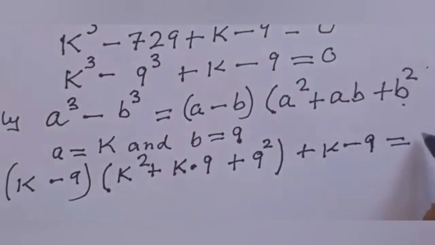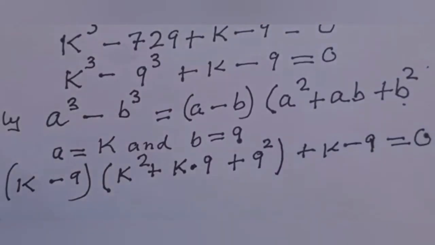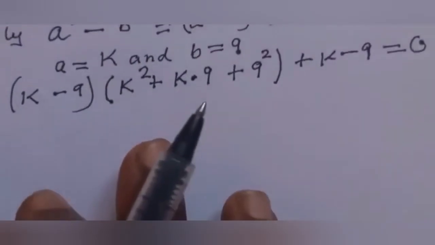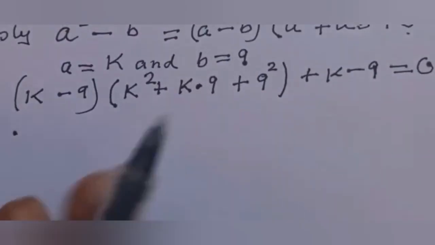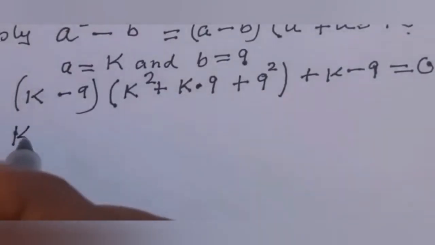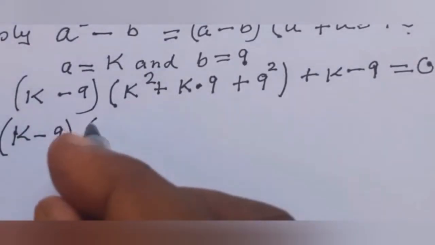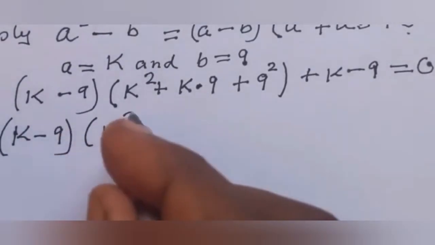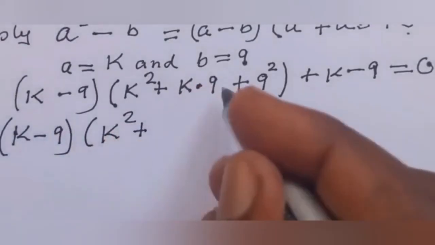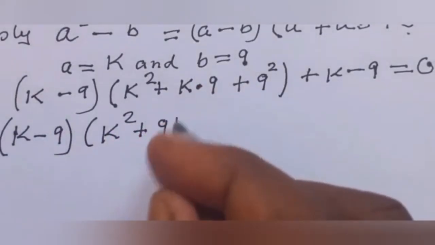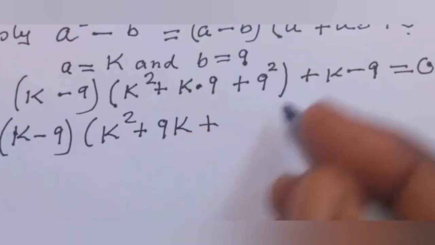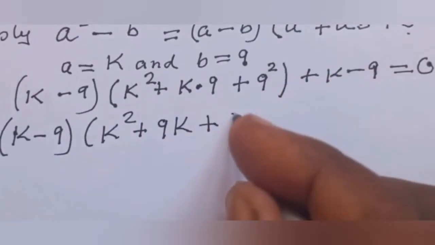This is equals to 0. So we have k minus 9 in the bracket, k squared plus k times 9, we get 9k. 9 squared, this is 81.